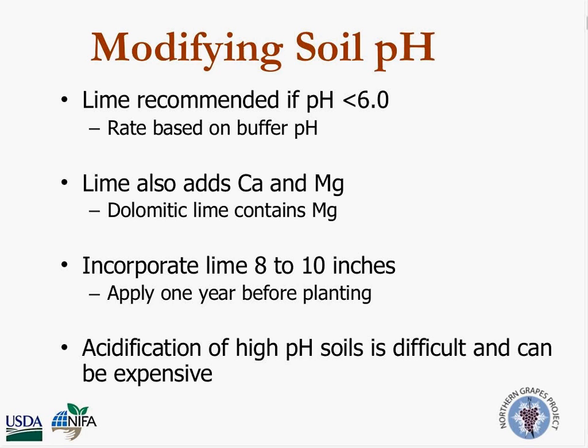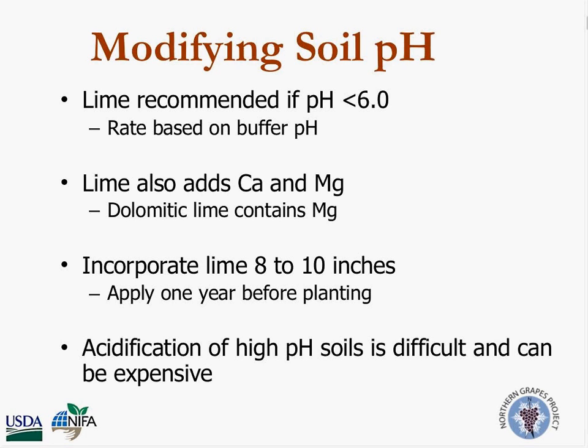Now, if your pH is too high, consider acidifying the soil, but depending on the type of soil that you're in, acidification can be very difficult and expensive, and we'll get into that in just a little bit. This is what we call iron chlorosis.